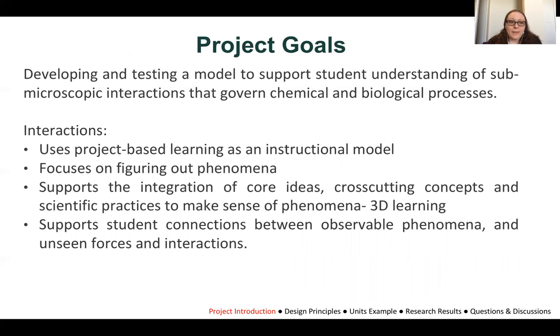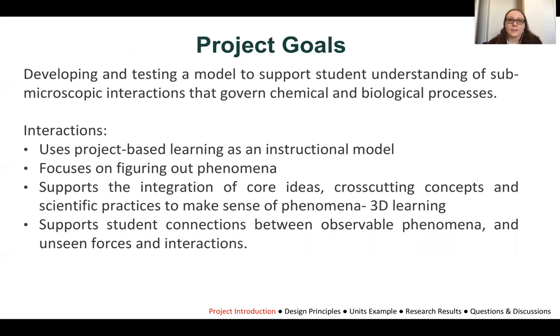So the actual main goal of the Interactions project was to develop and test this model curricula to really support students in understanding how submicroscopic interactions govern chemical and biological processes. And what that means is that we really hope to support students in presenting understanding of how submicroscopic interactions, or things that they cannot see happening, really cause observable phenomena.